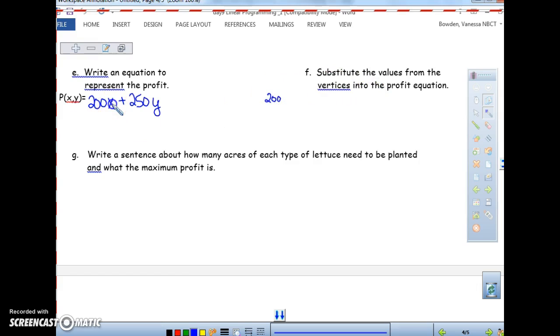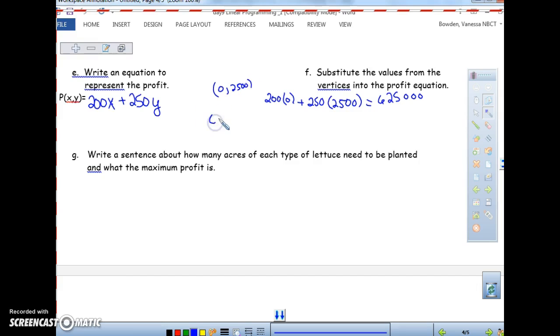The first one was 0, 2,500, so put a 0 in for x. We're going to compute that out, and we got 625,000. And we're looking for the biggest number because we want the biggest profit. So this was for the point 0, 2,500.